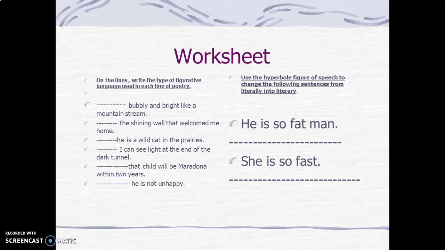Use the hyperbole in the second question. Use the hyperbole figure of speech to change the following sentences from literal to literary. The sentences that we have here are called literal words. We have to be skillful people, who can change them into literary sentences.